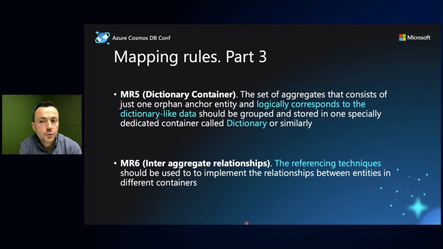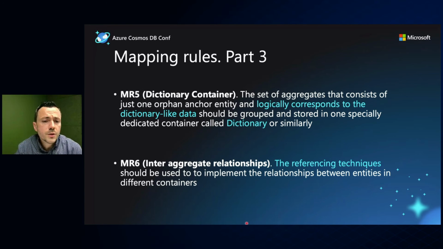And the last two rules for mapping: mapping rule number 5 is related to dictionary containers. If you're talking about a really big and complex data domain, usually we have a list of dictionaries we need to use.